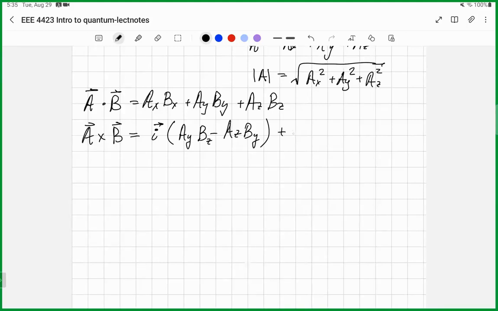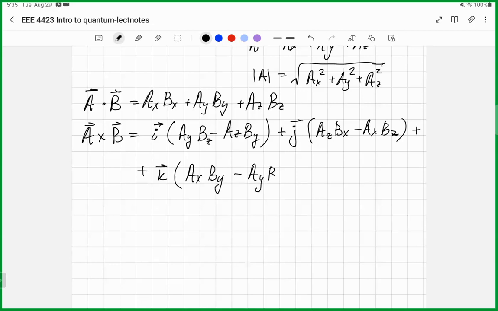So then it comes j, right? So j corresponds to y, so it's y. Then I put the first one is z, then bx, then minus ax bz, and finally plus the last one, the unit vector along z direction, z, that means that the first one is x, then y minus y bx, something like this.